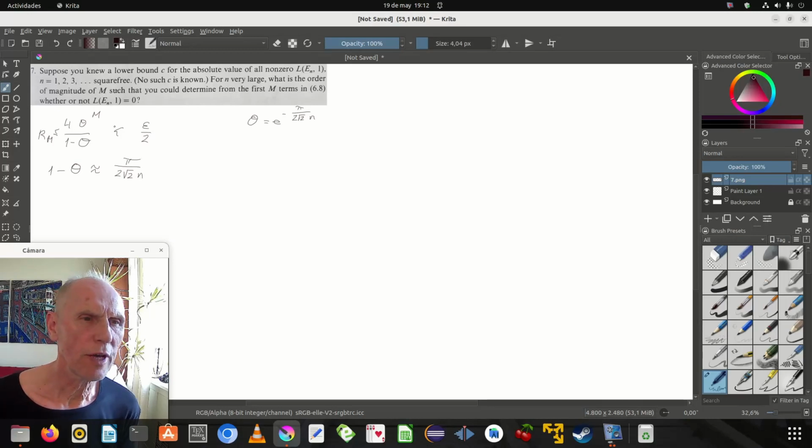So let's use that. So 4 theta to the mth is less than epsilon pi divided by 4 square root 2n. And we divide by 4.